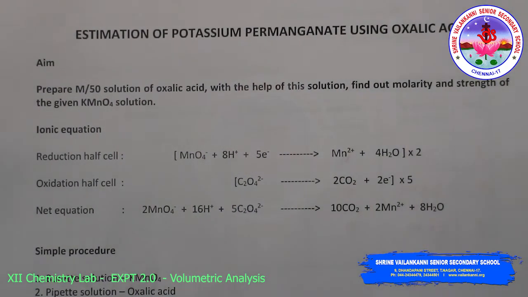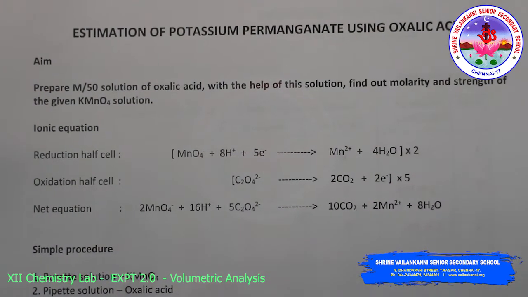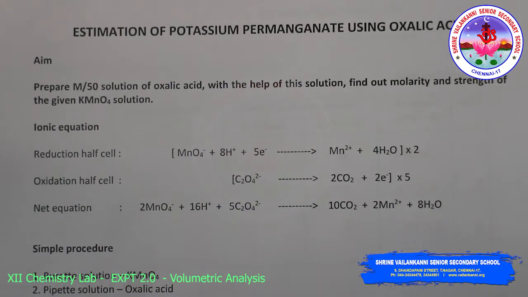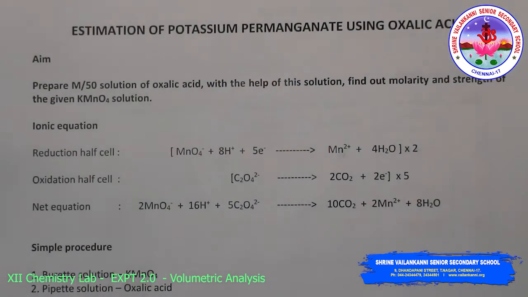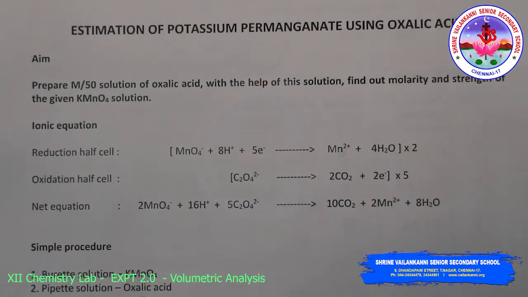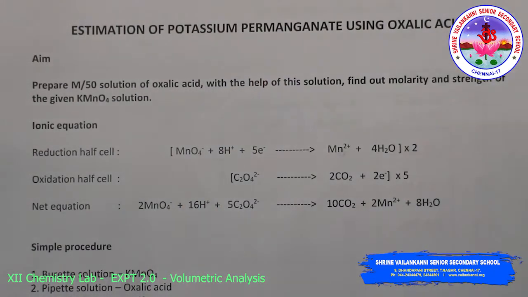The apparatus and chemical requirements we already saw in the first experiment. It is the same apparatus, the only change is the substance, oxalic acid instead of ferrous ammonium sulfate. Then the ionic equation: first the reduction half cell and the oxidation half cell reaction.